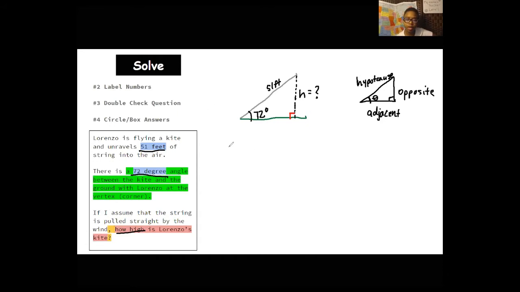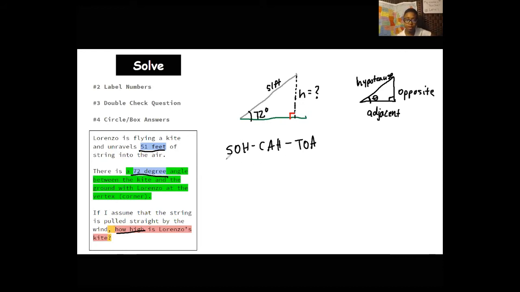Okay, so these are important sides that are going to be used in our trig ratios, and I'm not sure if you have learned SOHCAHTOA. This acronym helps us to remember what our trig ratios are. So the first letter of each of these words stands for the trig function.